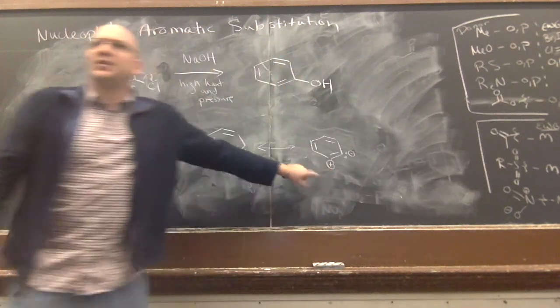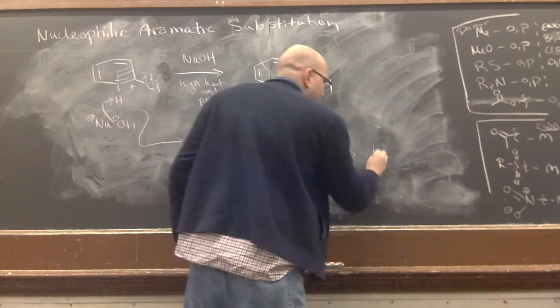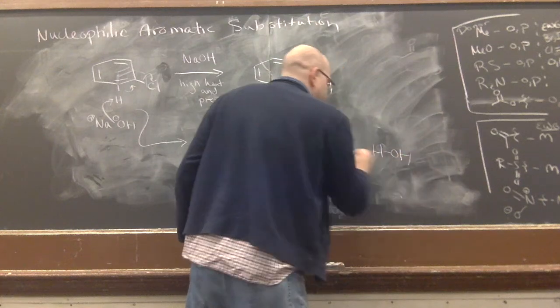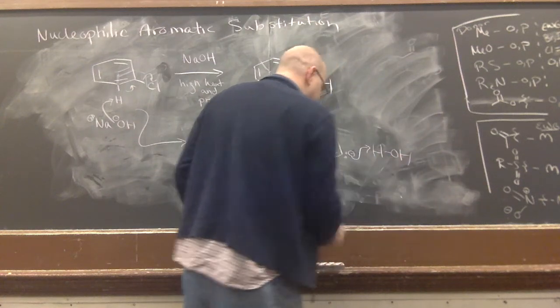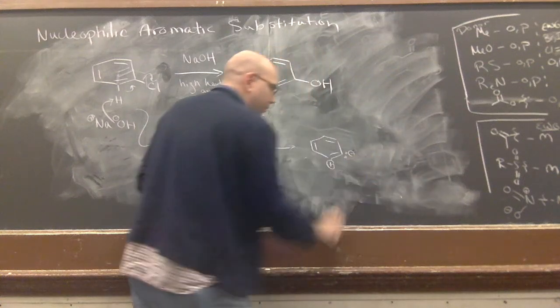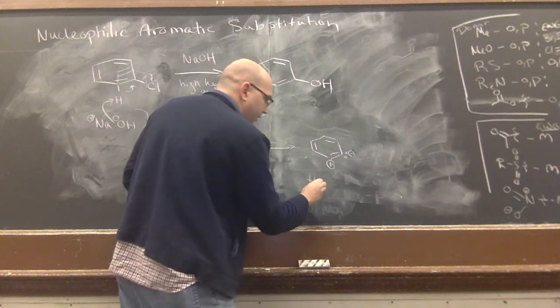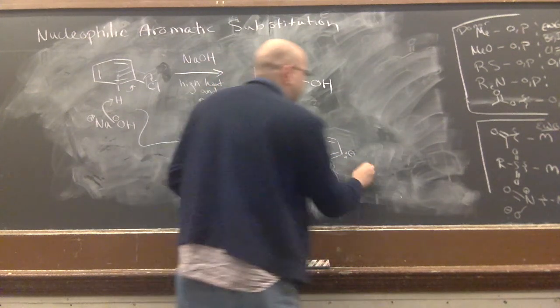But what happens when you get to something like this is now you've got your water that you've just generated. And so you might imagine that depending on the electronic force, I forget the exact order, but I think the water, this is going to be higher energy than this, so I think the water first attacks here.